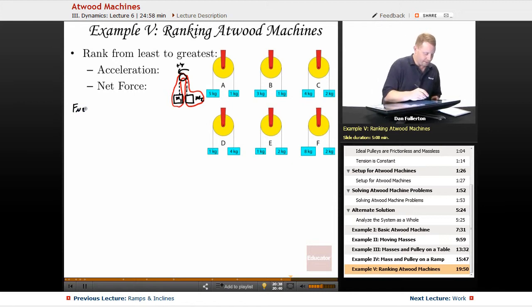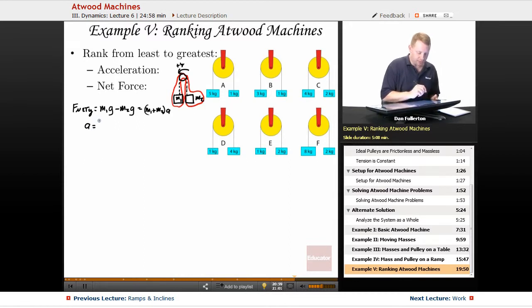So the net force in the y direction is m1g in the positive y direction minus m2g, and all of that has to be equal to ma, where our total mass is m1 plus m2.